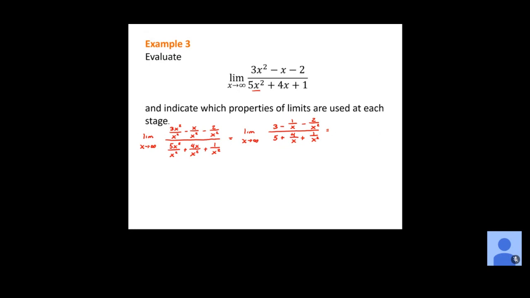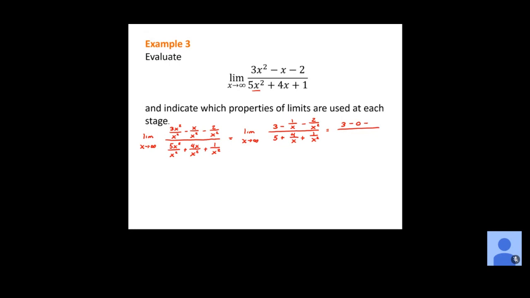Anytime you take a limit of a constant term, it doesn't matter what x is approaching, you're going to get the constant. So that first term is just going to give us a 3 now. Minus. What's the limit as x approaches infinity of 1 over x? 0. That's the one we just did. So that's going to give us 0 minus.